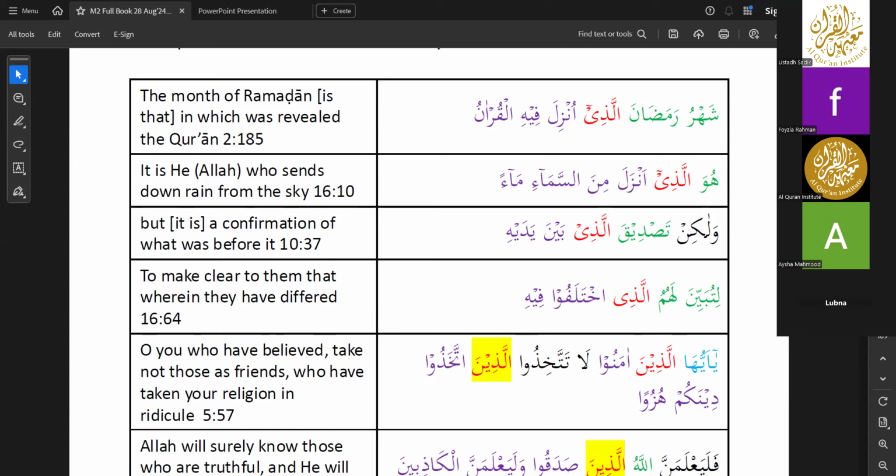Shahru Ramadana is a month, so it is an ism, and it is connected. Alladhi is connecting both the Silatul Mawsul and this one. What am I going to call this? You can call it the antecedent or subject. Antecedent. Yeah. So the subject, and alladhi is connecting to the subject as well as the Silatul Mawsul.